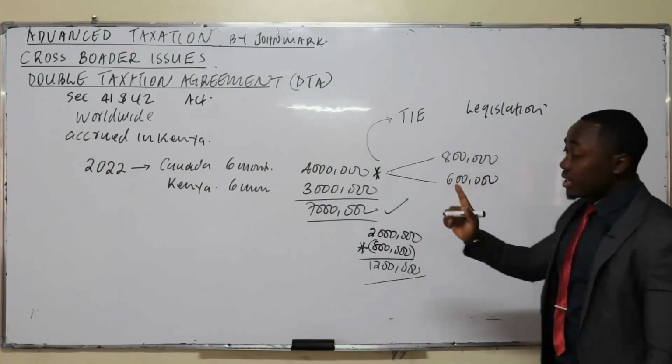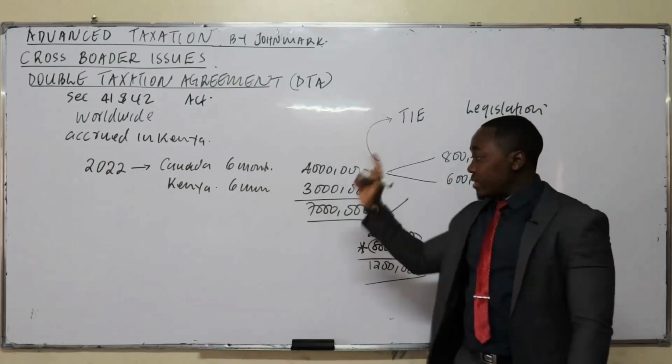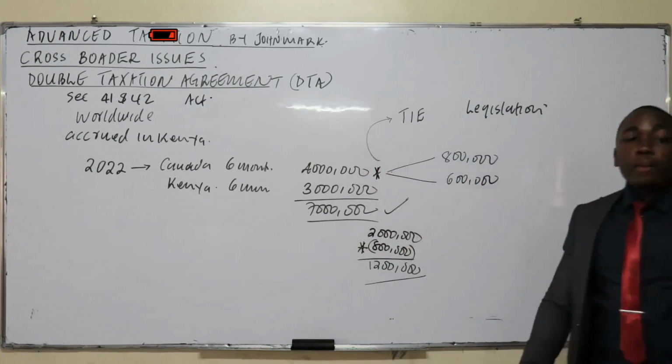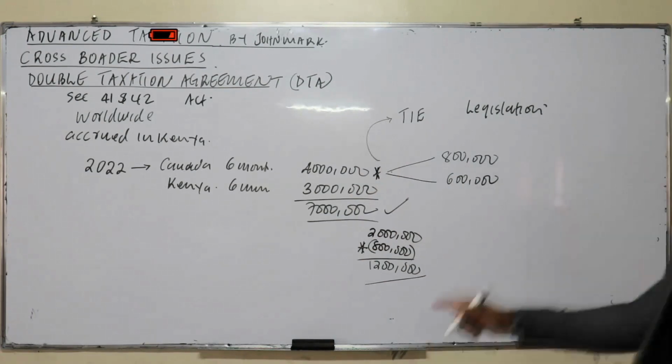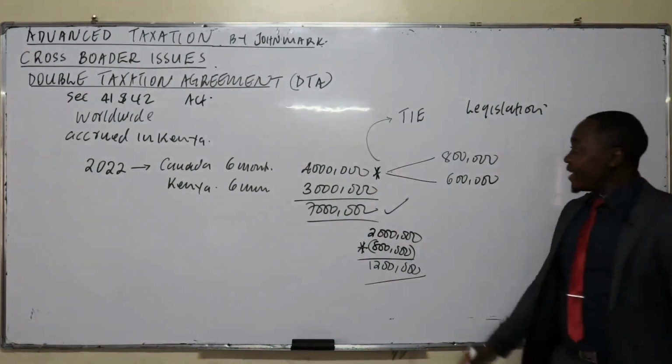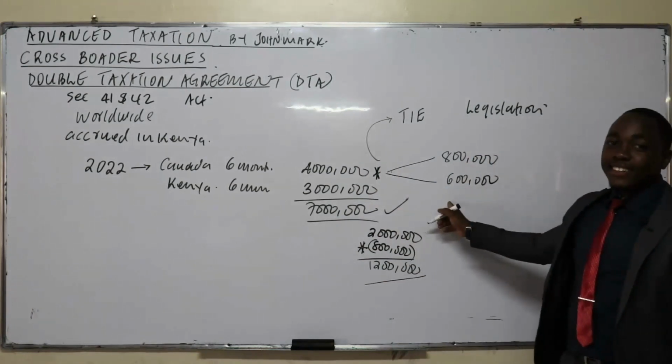For the income you earned in the foreign country, if you assess on the Kenyan amount, you are supposed to pay 600. But you had already paid 800 in the other country. Now, how much will be the double tax relief, or the credit? Is it 600 or 800?